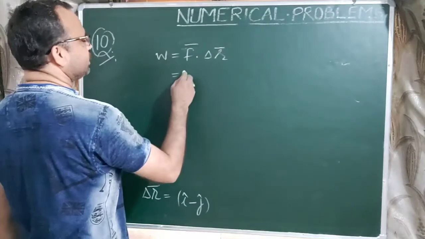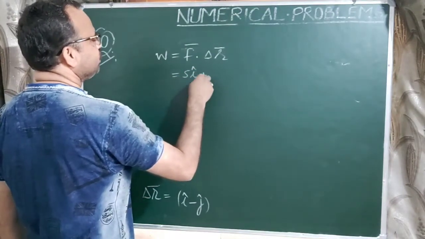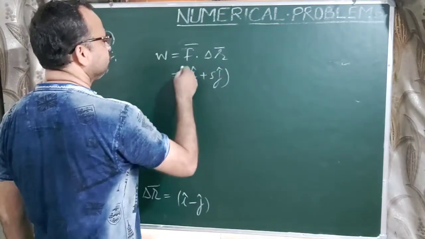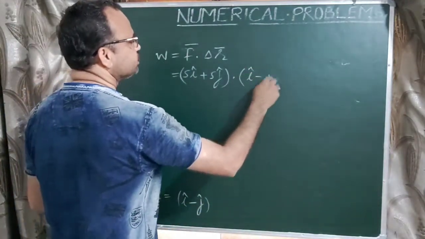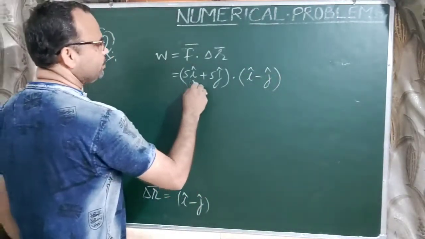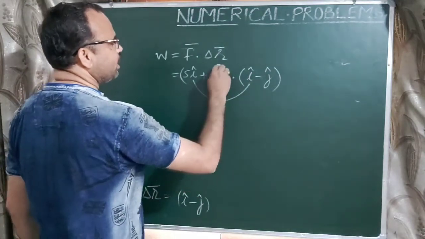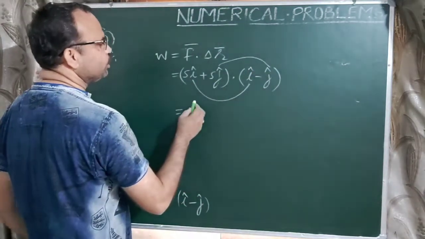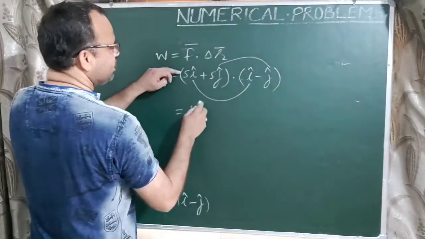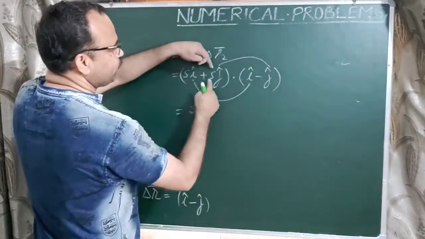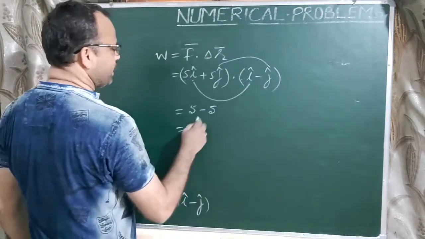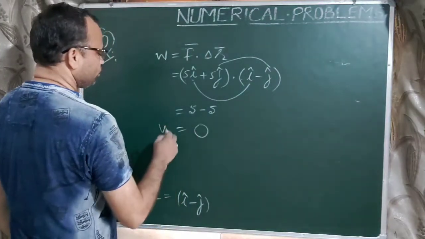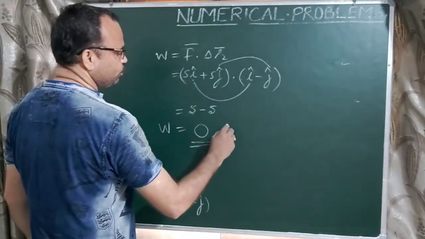The value of F vector, 5i cap plus 5j cap, dot the value of delta R vector, i cap minus j cap. We have to multiply i dot i and j dot j, all others are 0. So 5 times 1 is 5, i dot i is 1. Similarly 5 times 1 is 5, plus minus j dot j is 1, so 5 minus 5 is 0. Work done will be 0 joule.